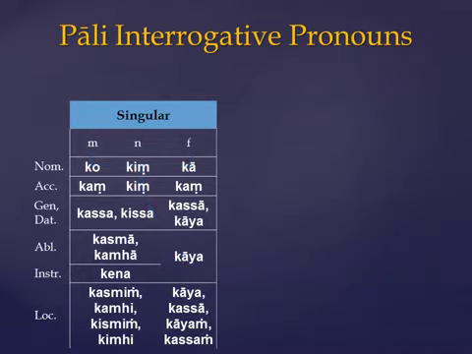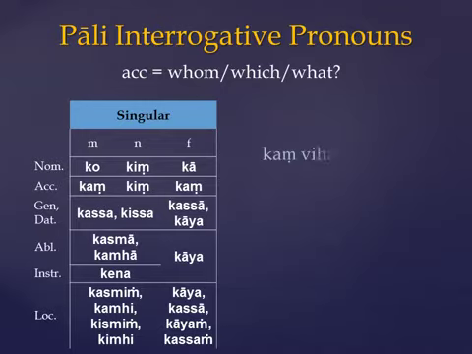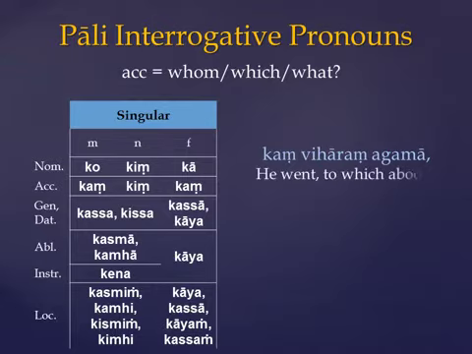An interrogative pronoun in accusative case will represent the object of the verb. So in strict English, this will be whom, which or what. And in the sentence, kaṃ vihāraṃ agamā, we can see that both kaṃ and vihāraṃ are in accusative case, which means they're likely to form a unit. And agamā is a third-person verb meaning to go, but it's in the past tense, so it can be rendered he went.